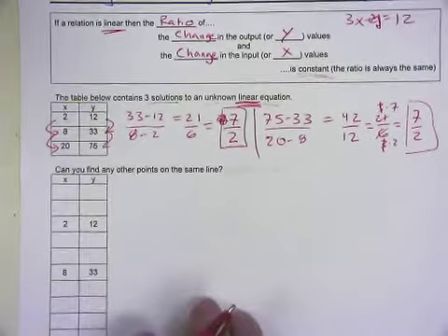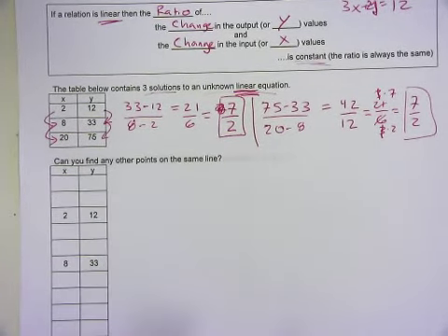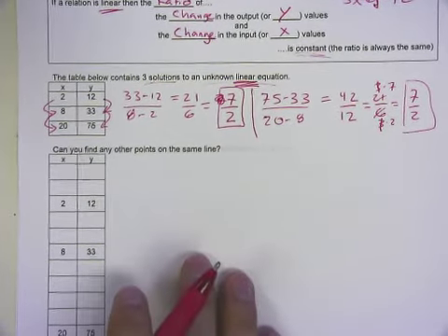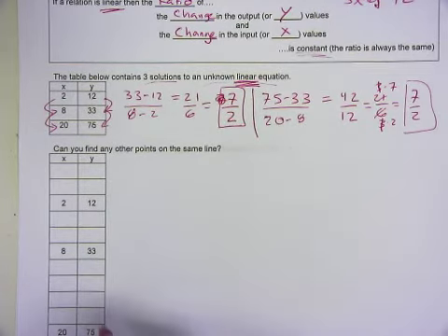So now what they're going to ask us to do here is to find a bunch of other points that are solutions to this same equation. And we should be able to do that really easily with this ratio of change.